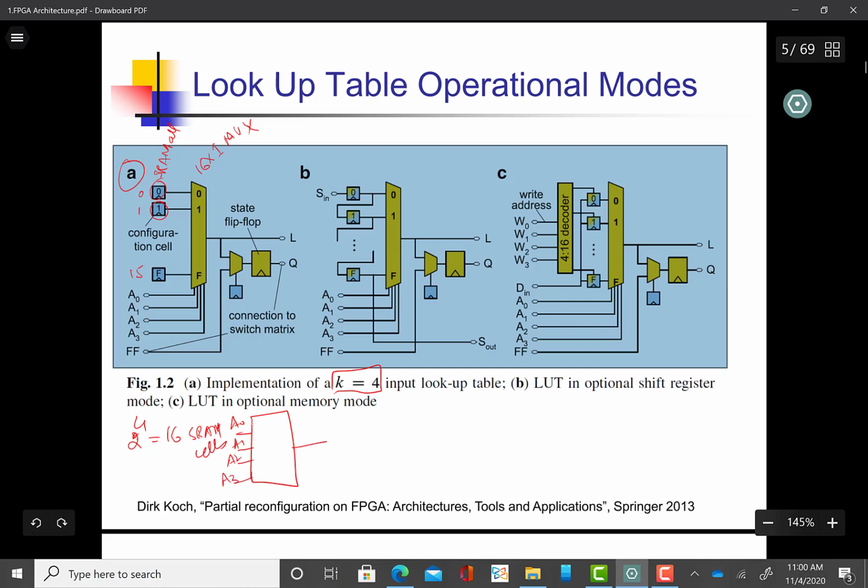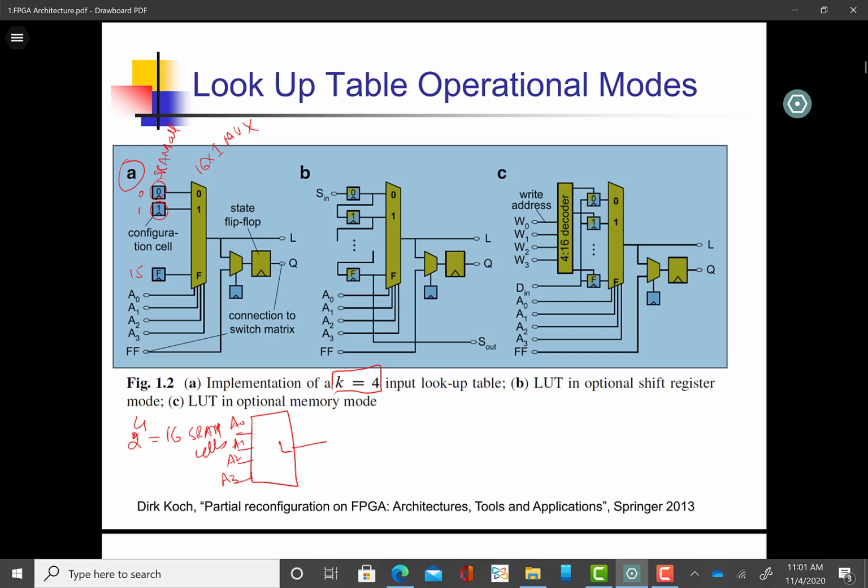Previously I was calling them I0, I1, I2, I3. Now I am calling them A0, A1, A2, A3. It doesn't make any difference. And here the output is called, for example, L.